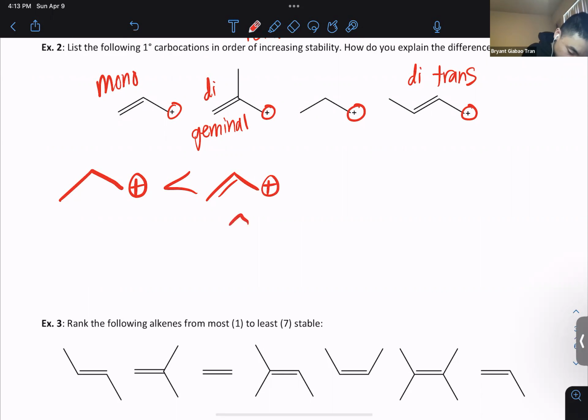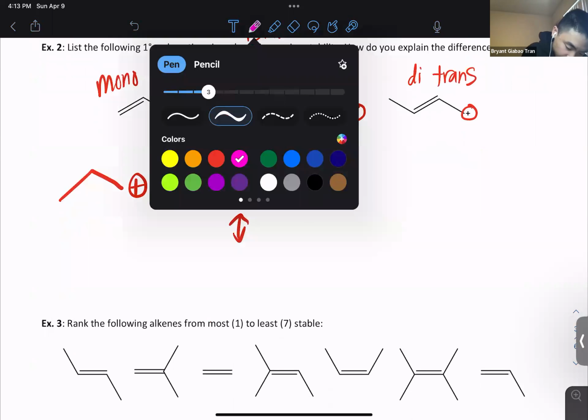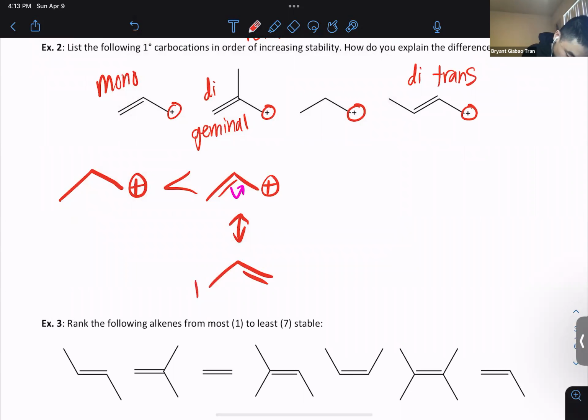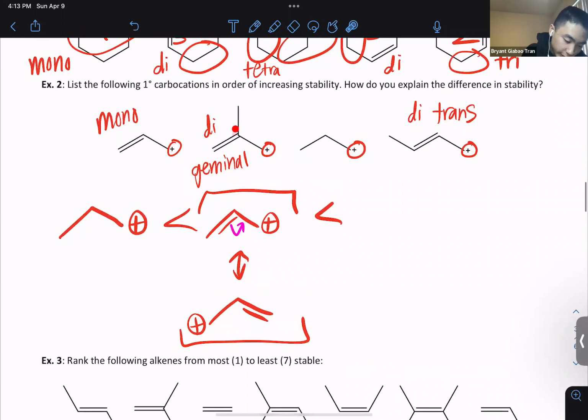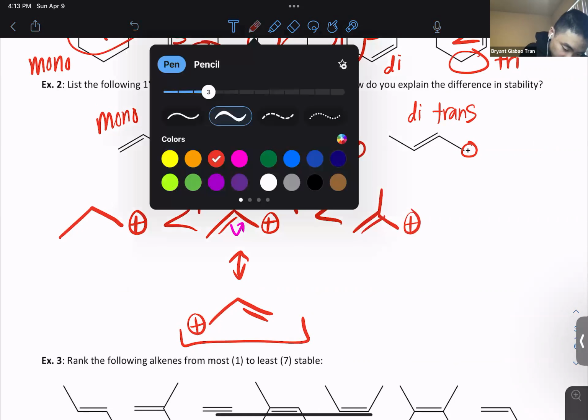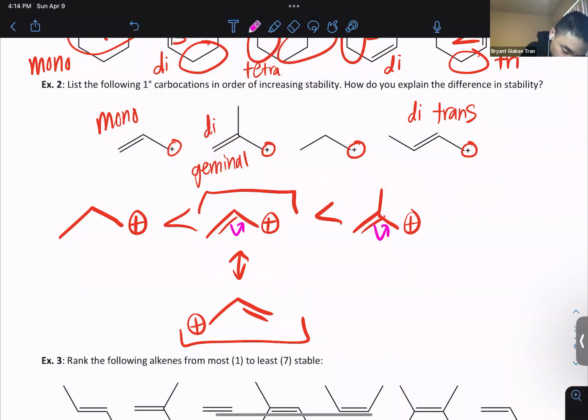where it could do resonance here, there. Then we see that the next least stable is the di-substituted double bond that is geminal. And this can also do resonance here. Where is the resonance structure? It's this.